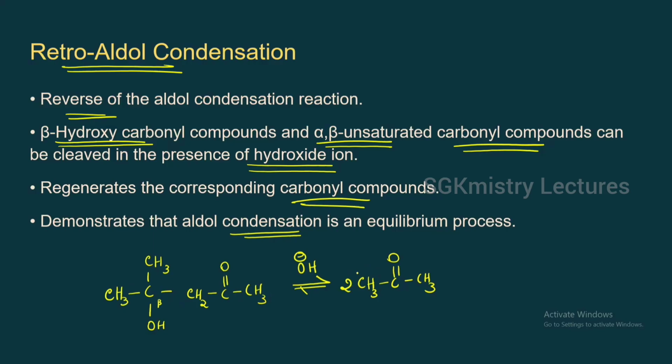So from 2 moles of acetone, you're going to get this beta hydroxy ketone. So again, on this retroaldol condensation in the presence of base, you're going to get back the acetone. So whenever you are taking a mixture of two aldehydes, both of which possess alpha hydrogen atoms, and you treat it with a base, you're going to get 4 different aldol products, right?